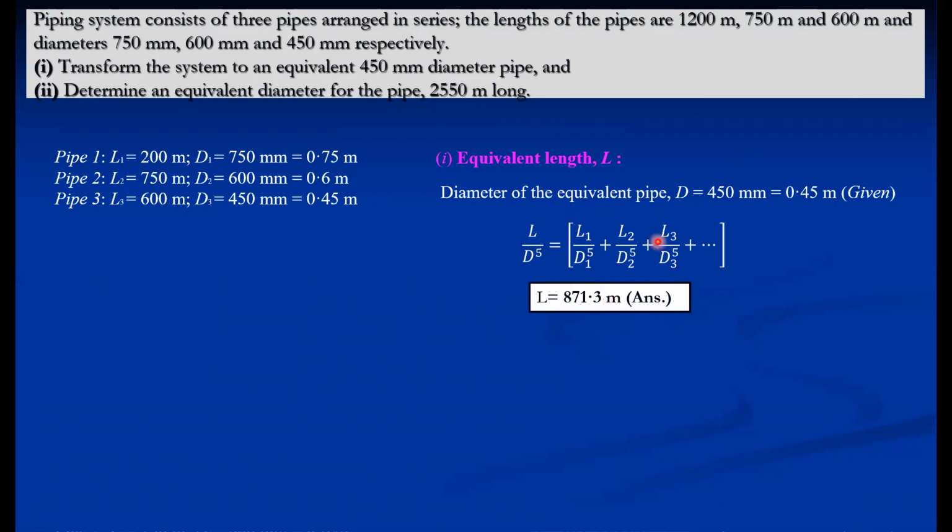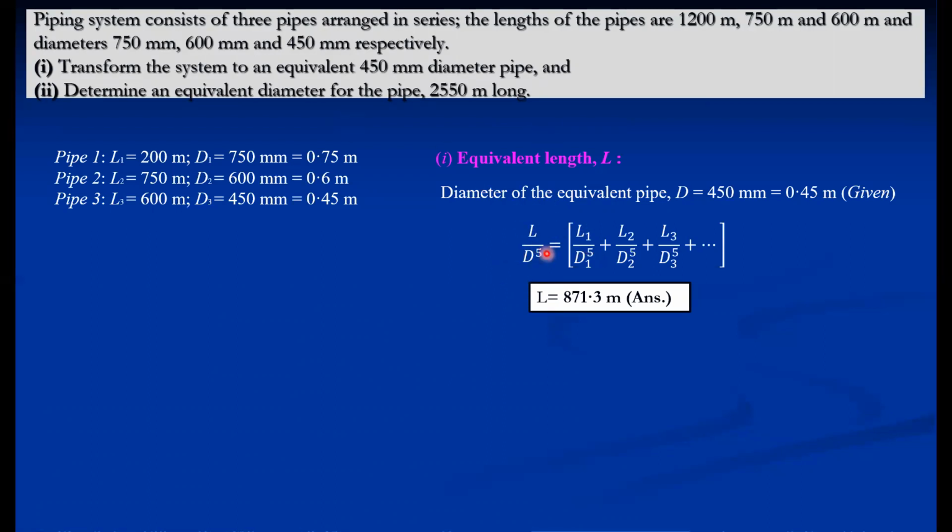All these quantities are in mm, and this length is 871.3 meter. We only have to use this equation and calculate the unknown quantity. That's it. Nothing difficult in this problem type.